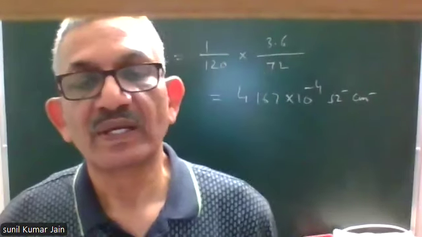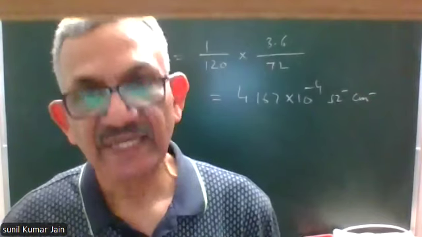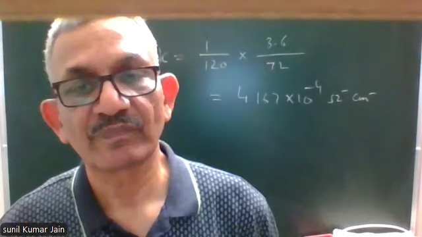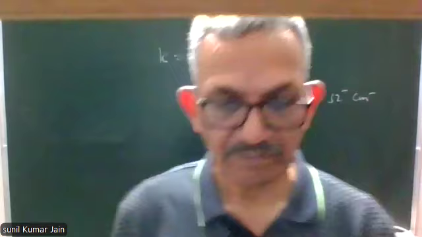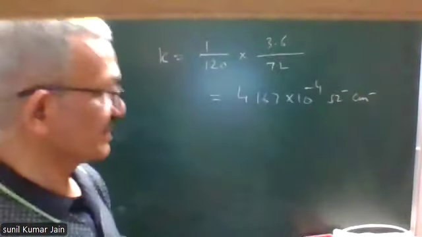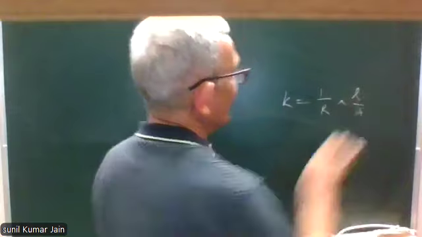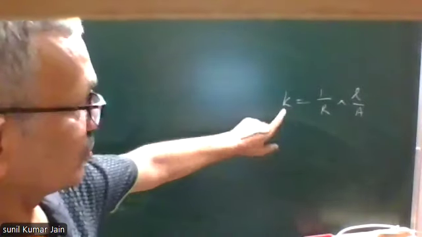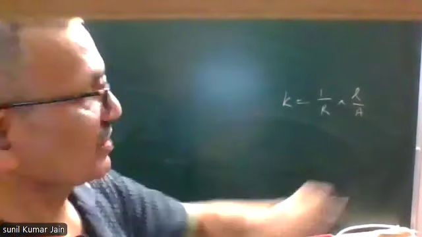Next topic: measurement of conductivity of ionic solutions. For conductivity, that is specific conductance, the formula is kappa is equal to 1 by R into L by A. So to find the value of conductivity, kappa, I need three values.